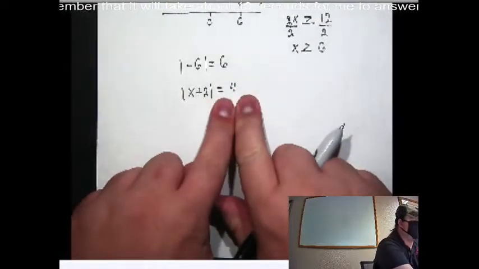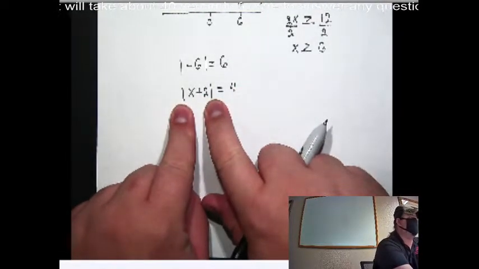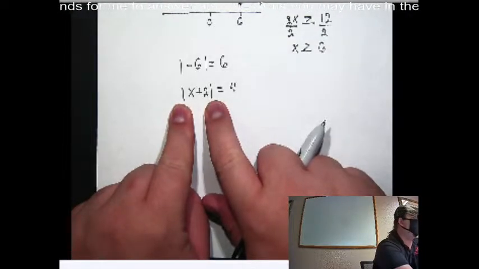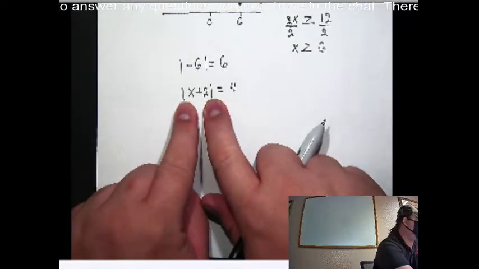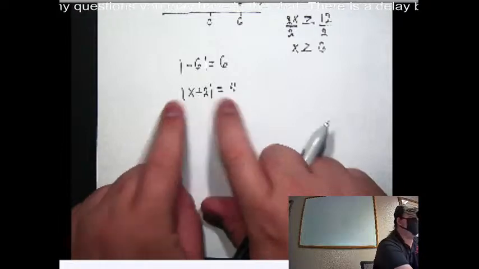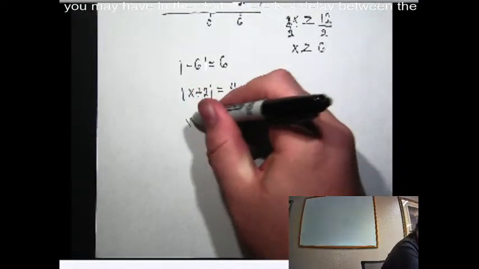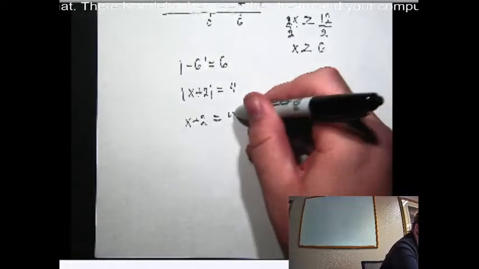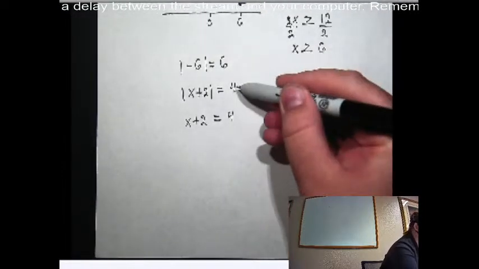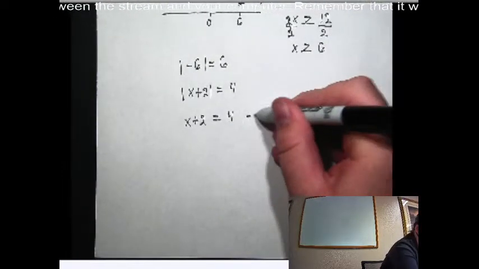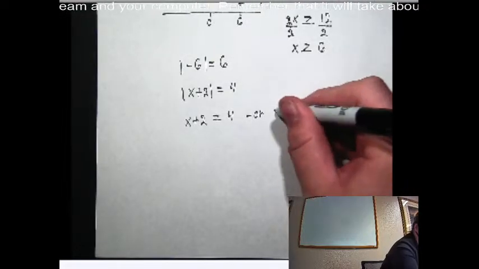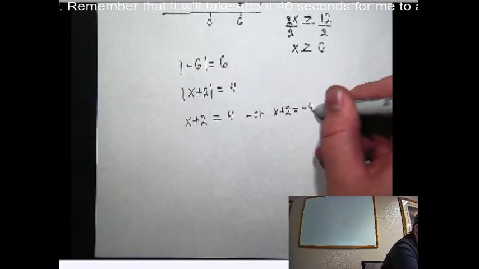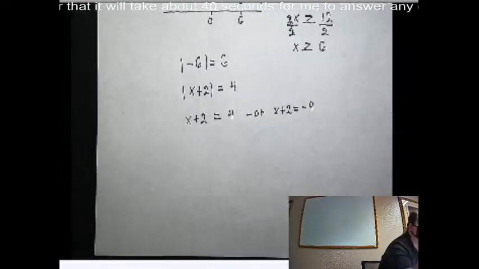So if the whole thing comes out to 4, the whole thing could be what two numbers? x plus 2 could be 4, because the absolute value of 4 is 4, or x plus 2 could be negative 4, because the absolute value of negative 4 is also 4.